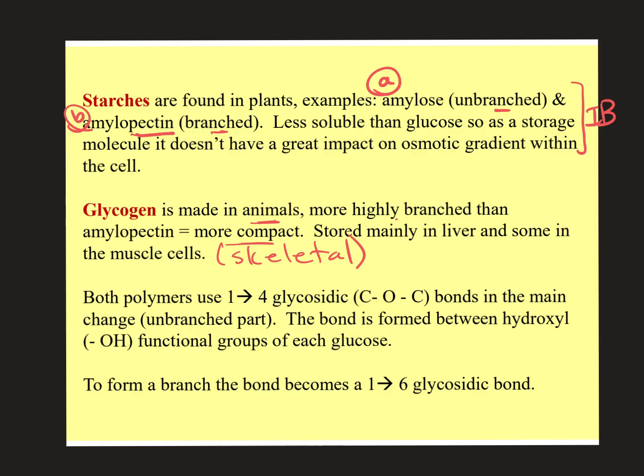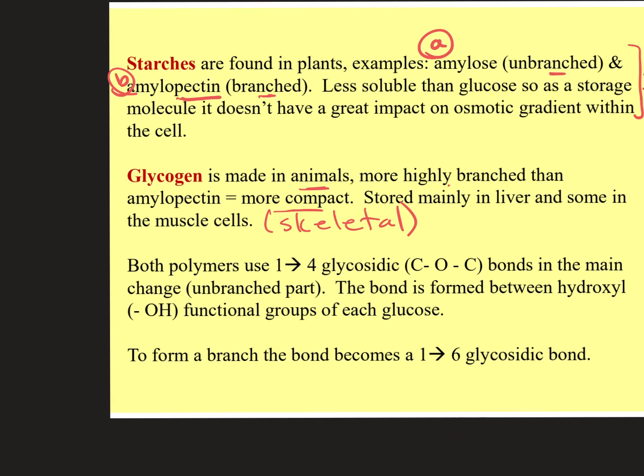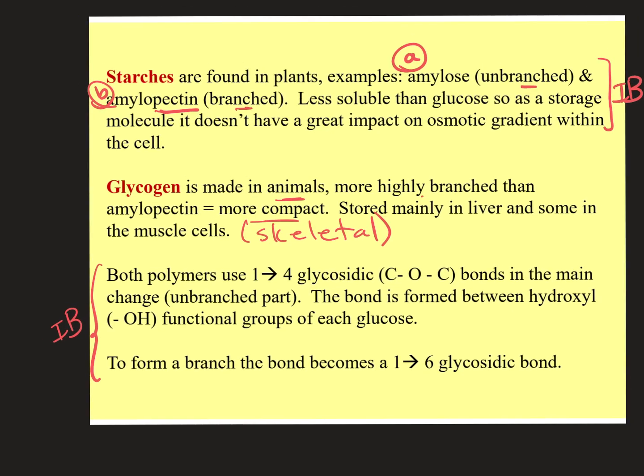Okay, now this part here is going to be strictly for IB. So both of these polymers, whether it be starch or glycogen, and either starch, amylose or amylopectin, have a particular type of bond in between their glucose units, and it is called a 1,4. Sometimes you'll see it written like this, 1,4 as well. That's possible.